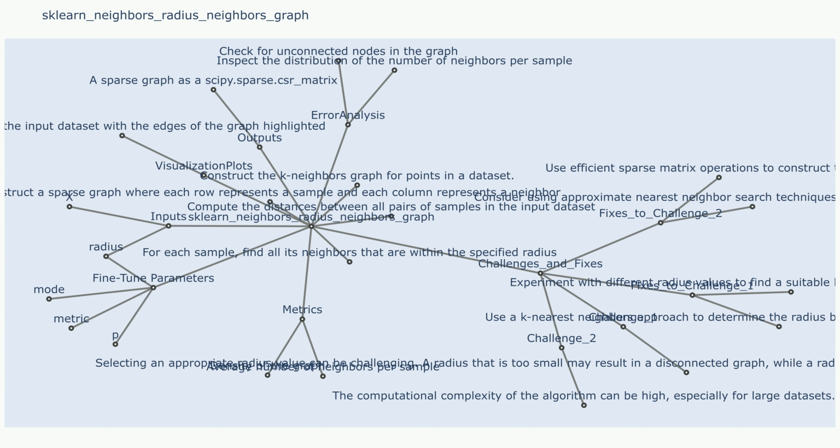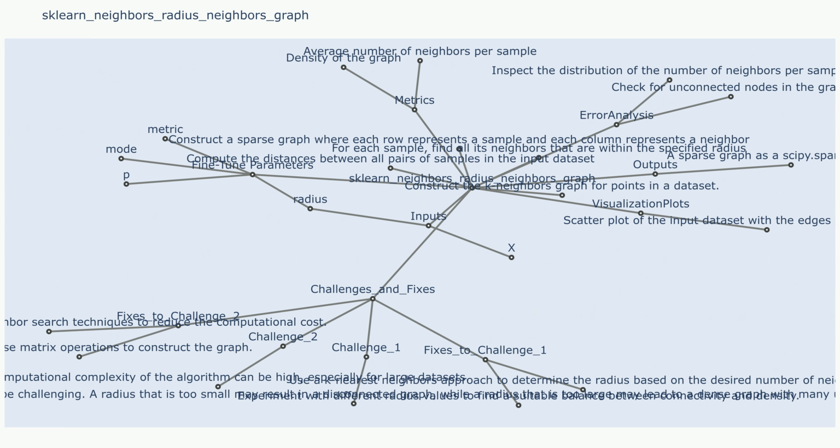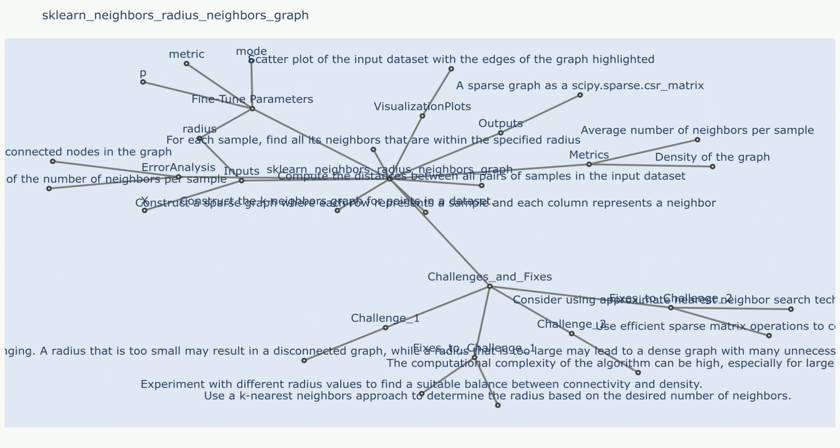Metrics. Distance metric. The choice of distance metric, e.g., Euclidean, Manhattan, Chebyshev, can significantly influence the resulting graph structure. Radius. The choice of radius determines the density of the graph and the number of neighbors for each node. Visualization plots. Graph visualization.